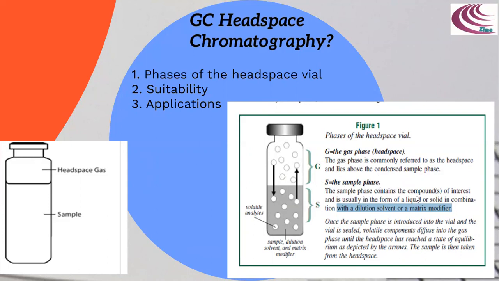The sample phase contains the compounds of interest and is usually in the form of a liquid or a solid in combination with dilution solvent or matrix modifier. Once the sample phase is introduced into the vial and the vial is sealed, volatile components diffuse into the gas phase until the headspace has reached a state of equilibrium, as depicted by the arrows. The sample is then taken from the headspace.